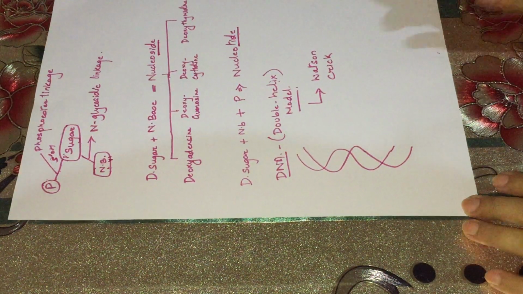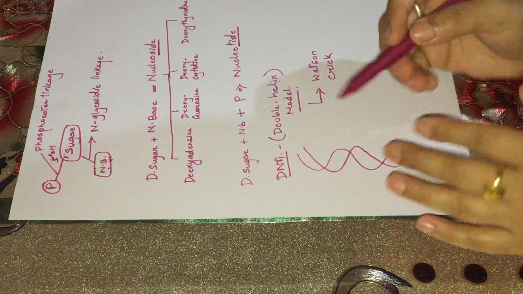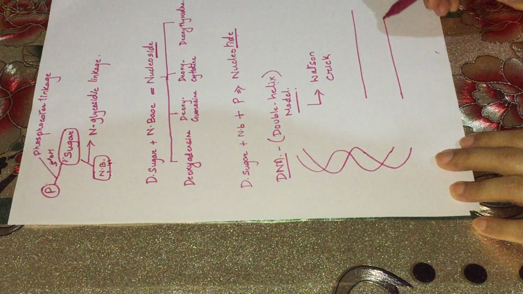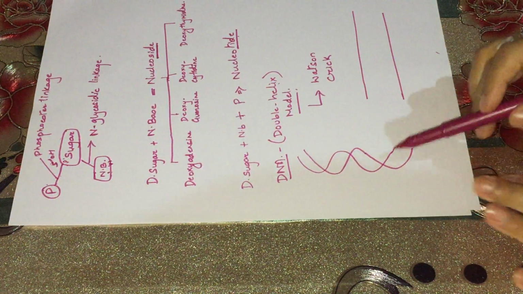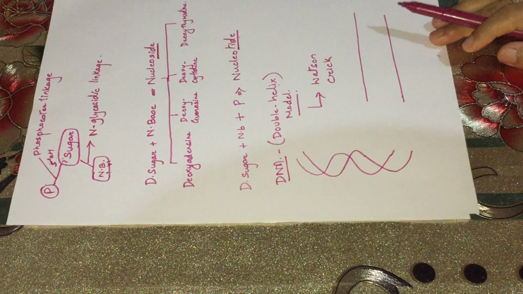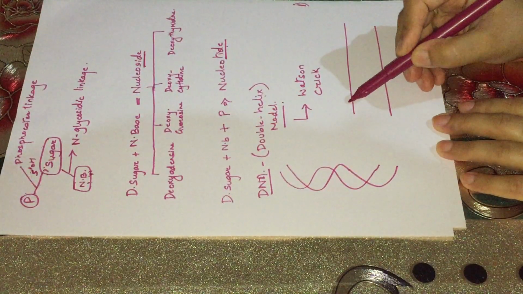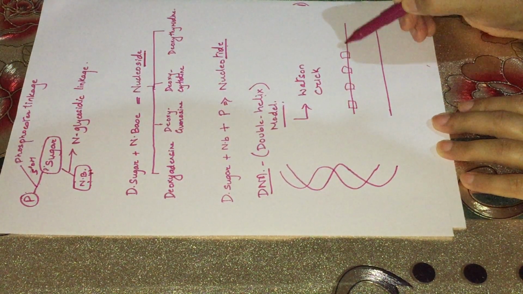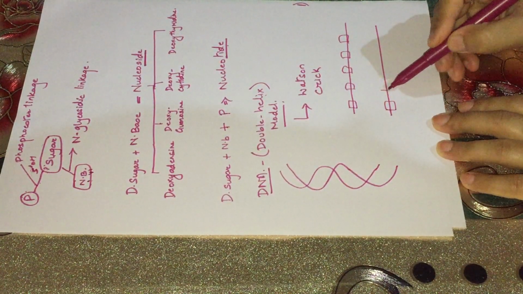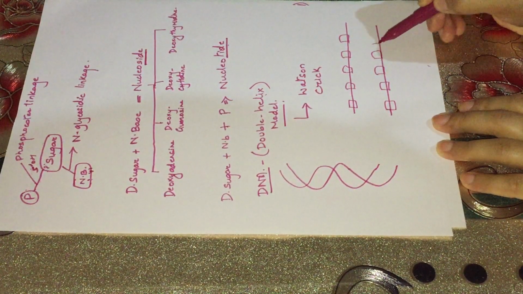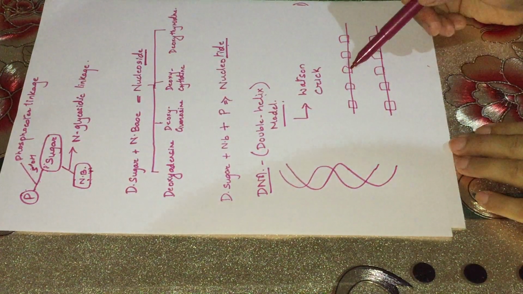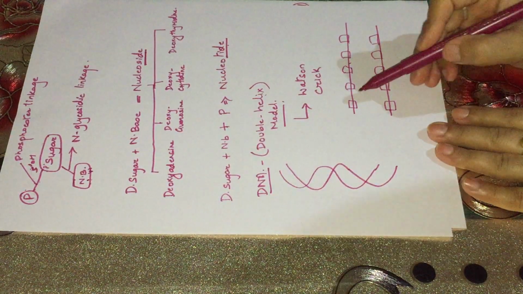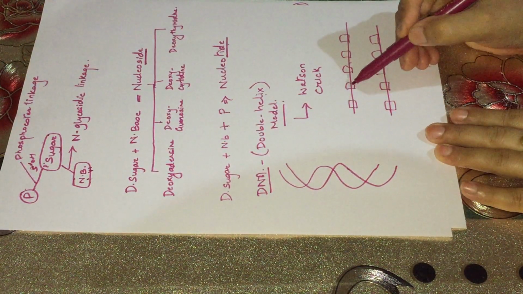Now when I take a segment of DNA, if I draw it like this, please remember that it is not like this, it is always helically coiled; I draw it just to make you understand. There are so many nucleotides, 1, 2, 3, 4, 5. Similarly, 1, 2, 3, 4, 5. Two strands are there. This is one nucleotide, this is another.